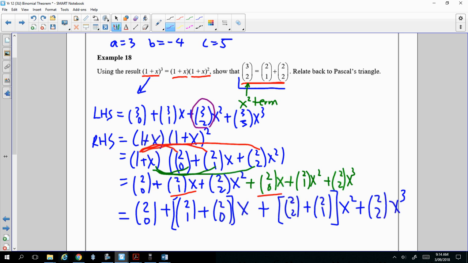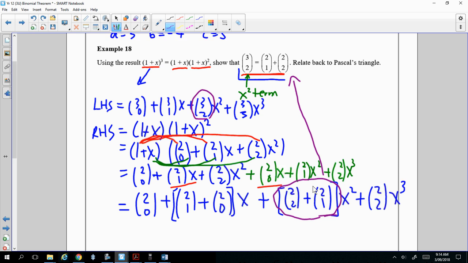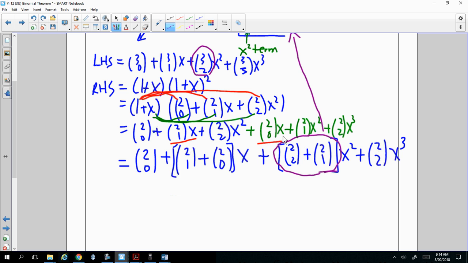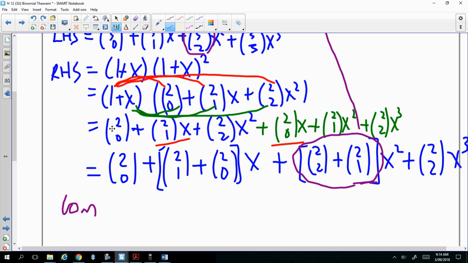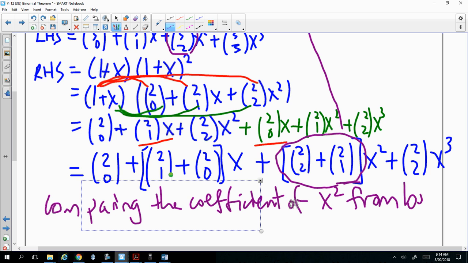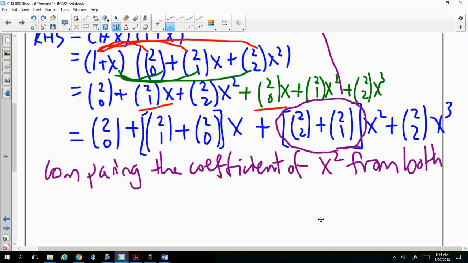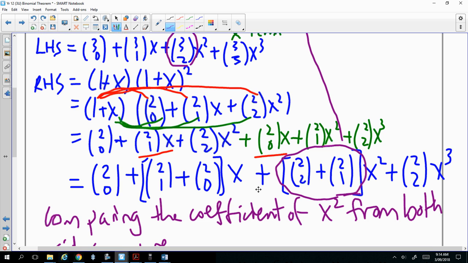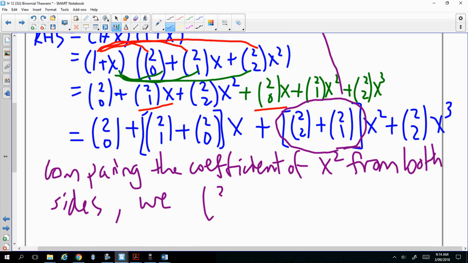So, comparing the coefficient of x squared from both sides, we can say that 3,2 must be equal to this. And that's how we prove this formula.